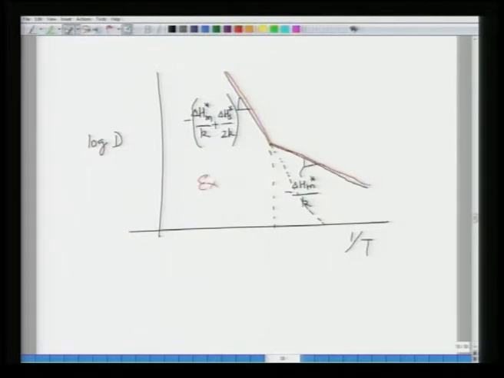So this is your intrinsic region and this is your extrinsic region. In a normal ceramic which contains some impurities, whether because of processing or because of intention, whatever be the reason, the diffusivity typically has two regions as a function of temperature.